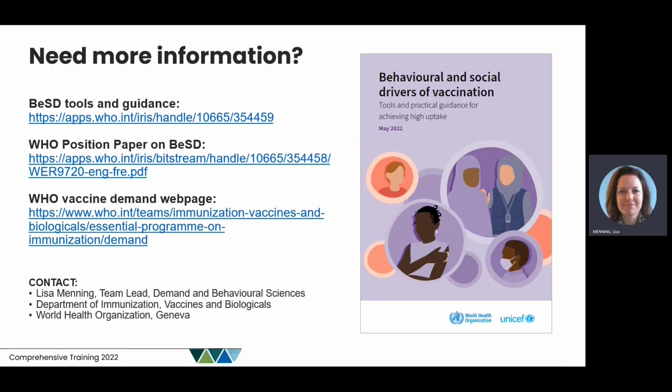So where to find these tools and guidance? Here are 3 links to take you to our tools and guidance for childhood and COVID vaccination, our position paper, like I mentioned previously, and also our vaccine demand webpage, which also has a lot of other tools and guidance that can help in implementing different kinds of interventions, thinking about service quality and the experience of getting services that are meeting people's and community needs.